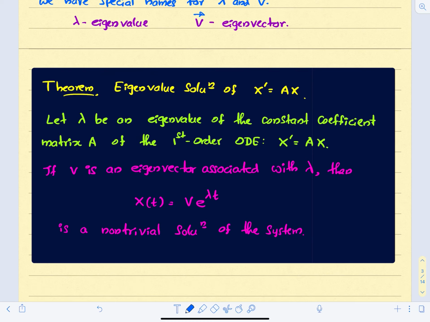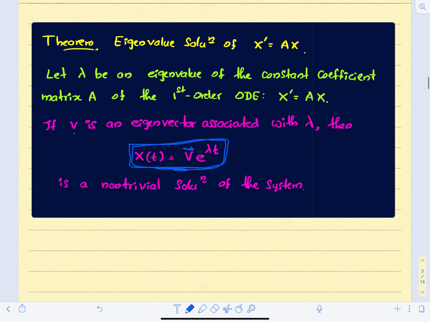Once you have your lambda value and this eigenvector v, we can get the corresponding solution using this equation, where x equals v times e to the lambda t, which is a non-trivial solution.